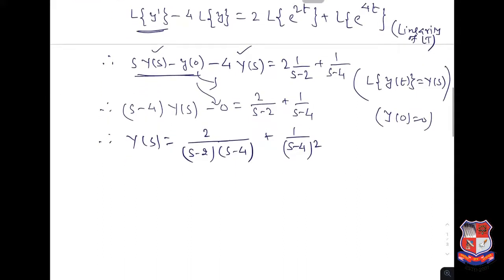Now this can be made into partial fractions like 1 over (s minus 2)(s minus 4). So you can have A over s minus 2 plus B over s minus 4.